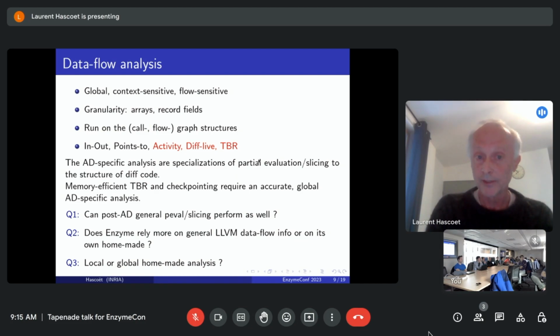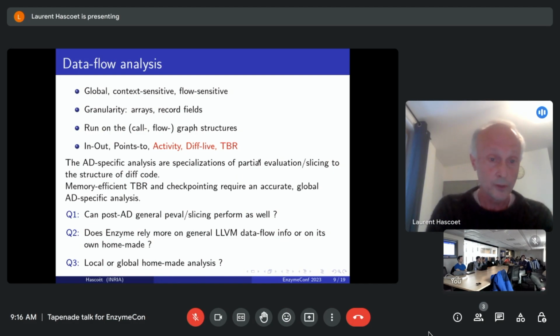Arrays are considered as atomic. There is no sense in trying to distinguish the in-out status, for example, of each individual element of an array. So it will be collective information. On the other hand, each field of a record is analyzed separately from the other fields. Like I said, yes, it's run on the call graph and the flow graph structures.